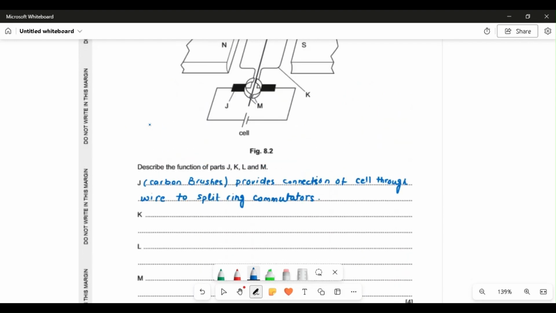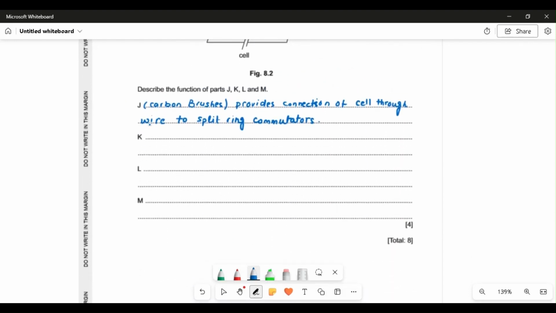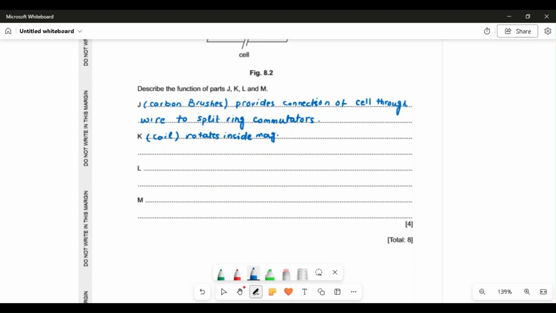Now coming back to K. K is a rectangular coil that rotates inside a magnetic field due to the presence of electric current.